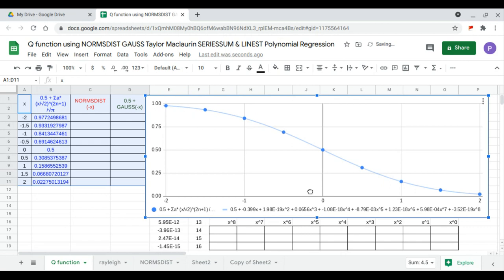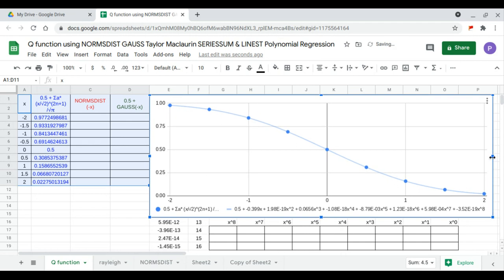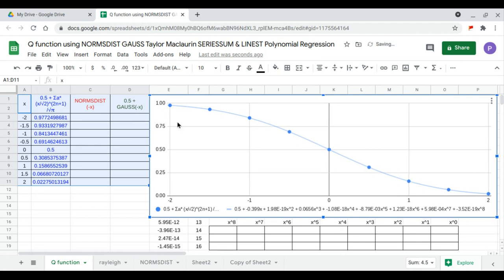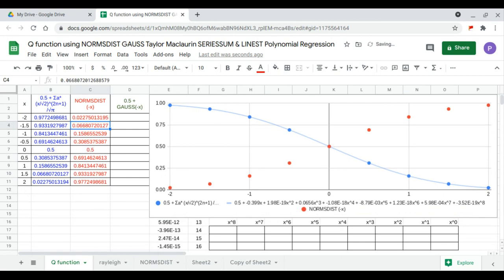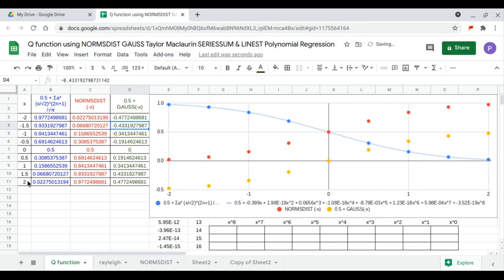Next, we enter the NORMSDIST. So this is equal to our formula, NORMSDIST of the x values. And the other one is GAUSS. So our formula, GAUSS of the x values. And we'll show the equation.